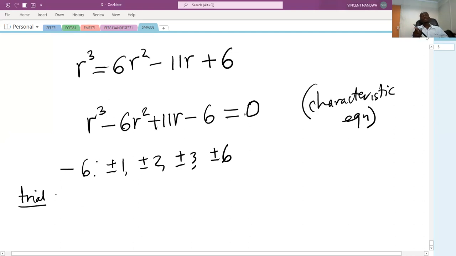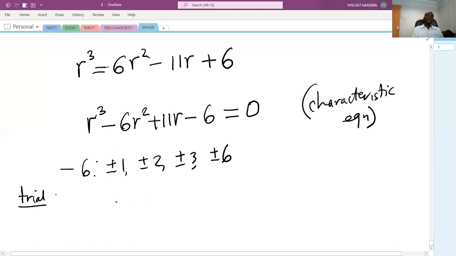If you're lucky to find one that satisfies the equation, then it's the one that will help you to factorize that cubic equation into a product of linear terms to be able to give the values of r, or a product of linear and quadratic term. But note that not all cubic equations can be factorized. So some will, some will not.